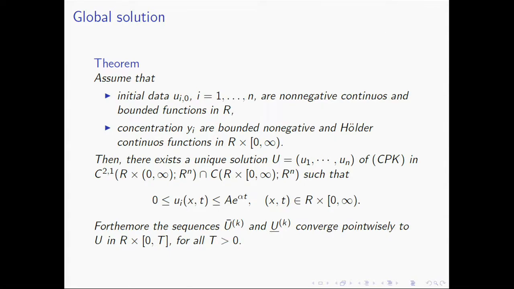Then there exists a unique solution U of the Cauchy problem, in the classical sense, such that the solution satisfies these inequalities. Furthermore, the sequence converges pointwise to the unique solution U.